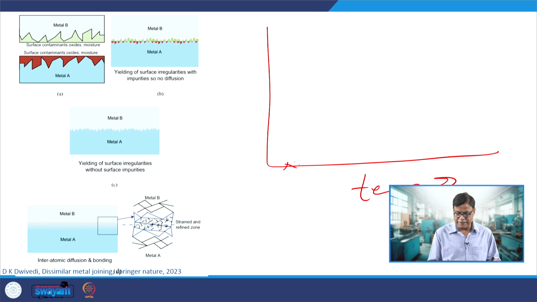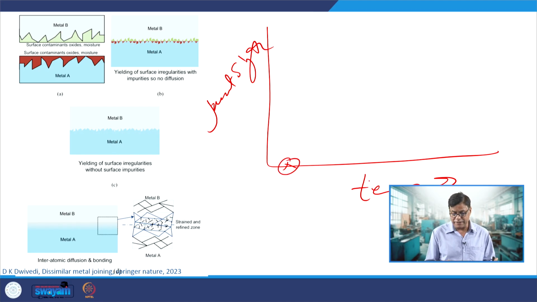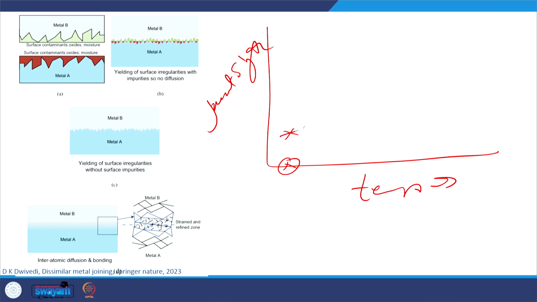Here we have the joint strength. When we work with a lower bonding temperature, for a given time it will result in a weak bond, because the diffusion coefficient will be less, and it will take a very long time to develop a good diffusion bond which is free from defects.